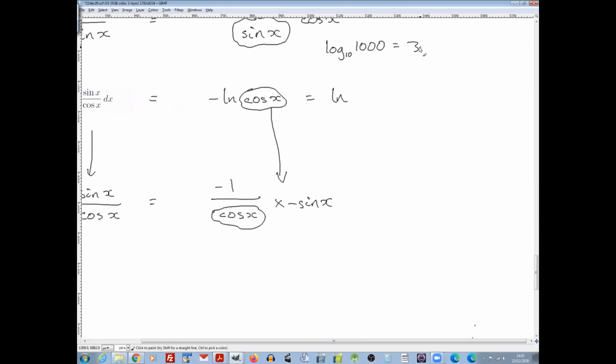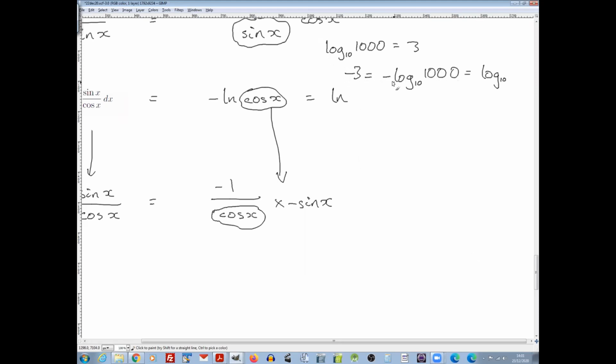Log to base 10 of 1,000 is 3. Minus log to base 10 of 1,000 would be log to base 10 of what? This is going to be minus 3, isn't it?